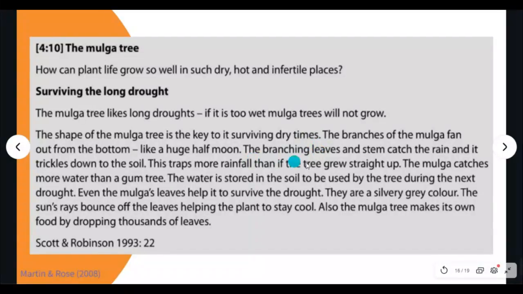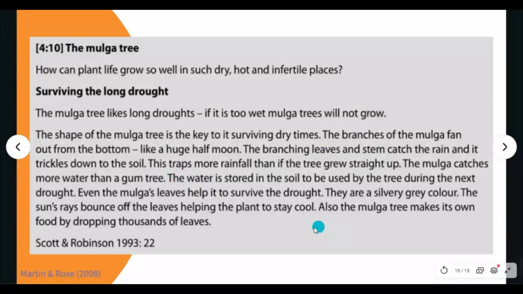And then the branching leaves and stem catch the rain and it trickles down to the soil. This traps more rainfall than if the tree grew straight up. The mulga catches more water than a gum tree, and so on. So all the sentences here are describing the process of how this tree survives.